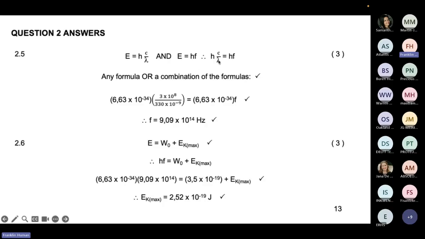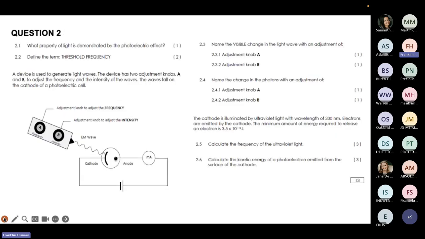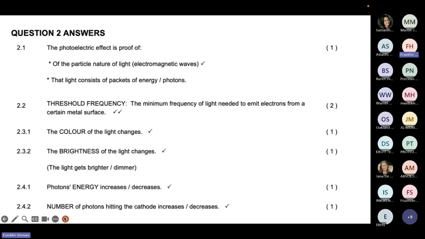And the wavelength of light was given to us in our question, which is 330. Now have a look. Remember I said earlier, we can't give it in nanometers. We must give it in meters.